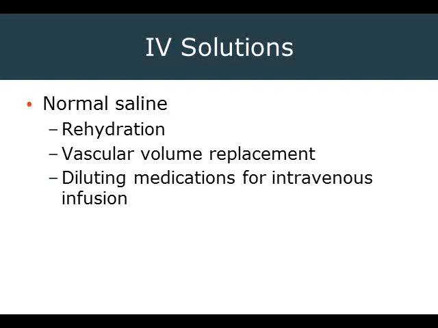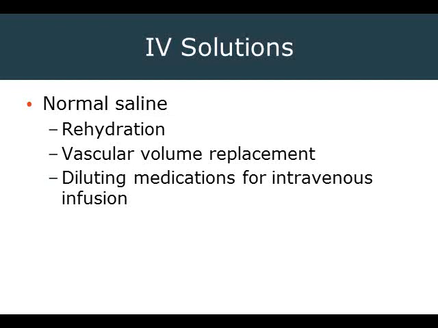Normal saline is an isotonic crystalloid, so it means the water stays the same. It is a clear liquid containing water, 154 milliequivalents per liter of sodium, approximately 154 milliequivalents per liter of chloride to match the concentration of the human body. So that's, remember, approximately what we find in the human body. It's basically salt water.